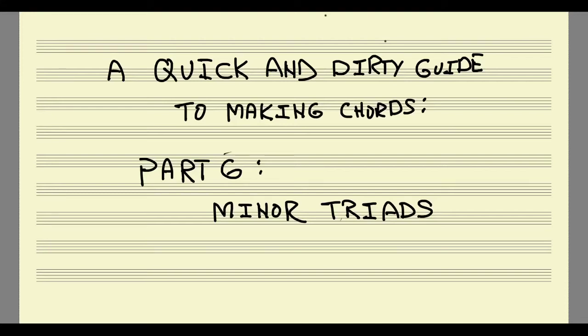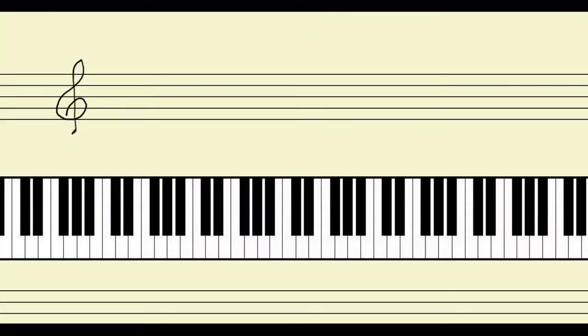In the previous video, we learned how to make the major triad. Now we're going to learn how to make a minor triad. A minor triad is just sort of the inverse of a major triad. Remember, a major triad is a major third plus a minor third.